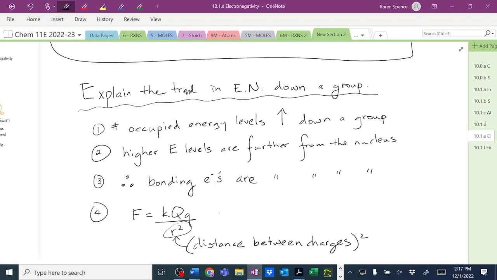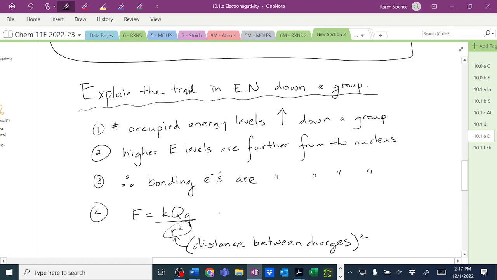In this case you're talking about atomic radius, but this applies to things where it's not a radius, where you've got two charges. If there's two separate things, it's obviously not the radius, but maybe that's where it came from.